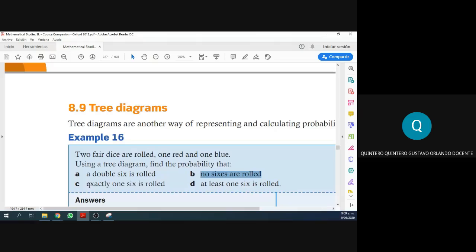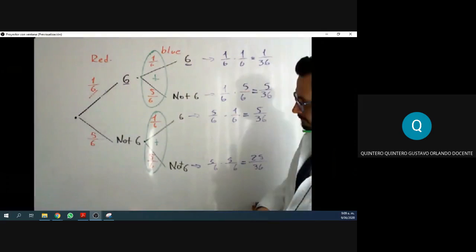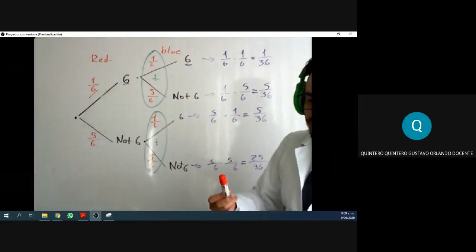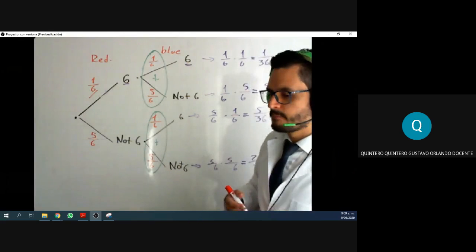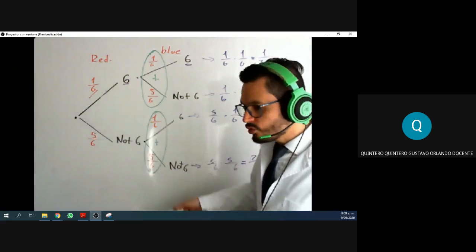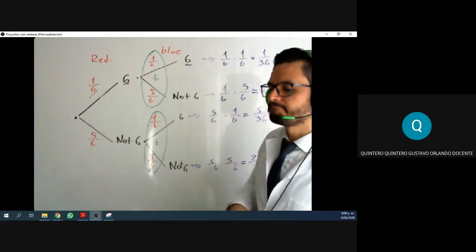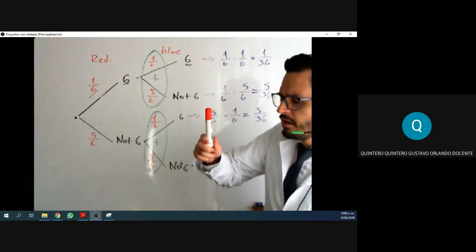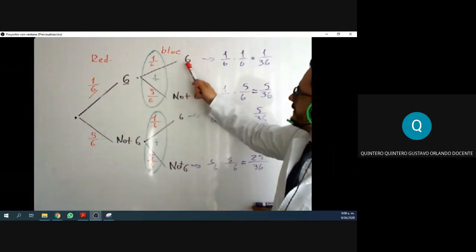All right. C. Exactly 1 6 is rolled. Ooh, now the fun questions begin. Exactly 1 6 works. Again, just like the previous questions, we need to ask ourselves, which of these rows are going to give us exactly 1 6? Can this row work? 6 and 6?